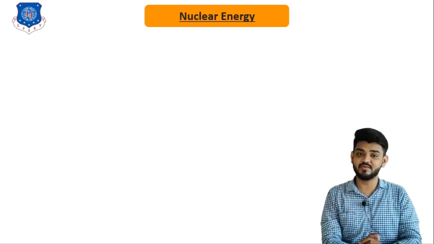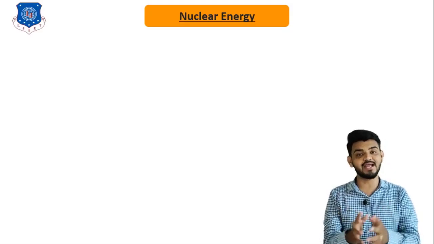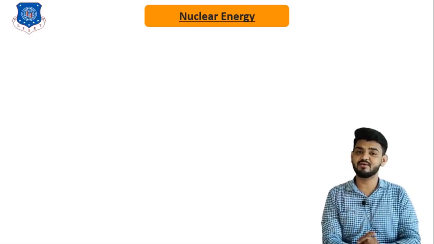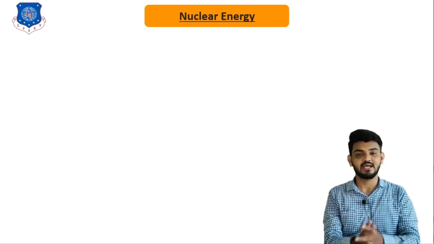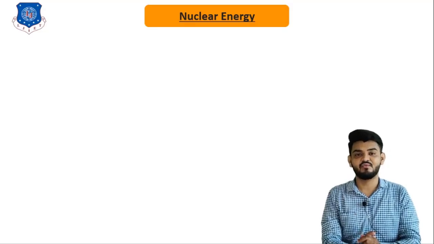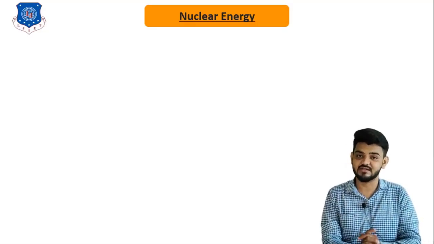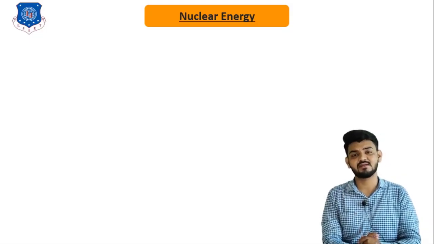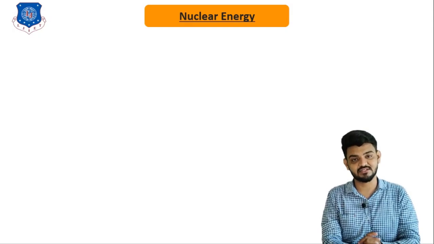In the previous video, we introduced the chapter of nuclear energy, in which we saw two different types of nuclear reactions: nuclear fission and nuclear fusion. Mainly, we are focusing on the nuclear fission reaction. Then we saw the different fuels that are used for these nuclear reactions.